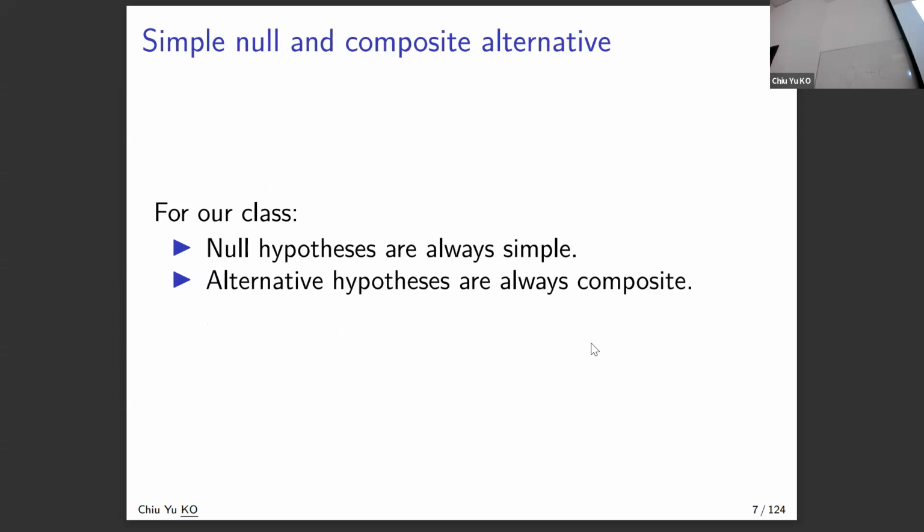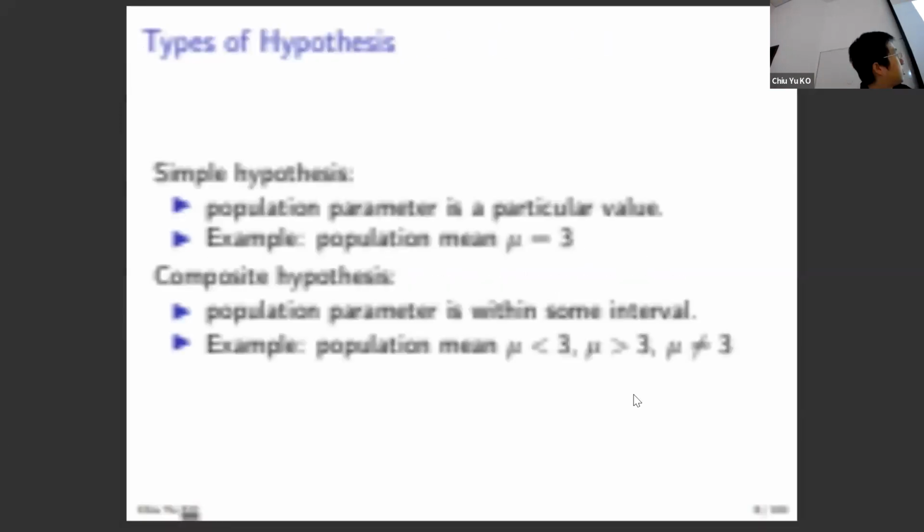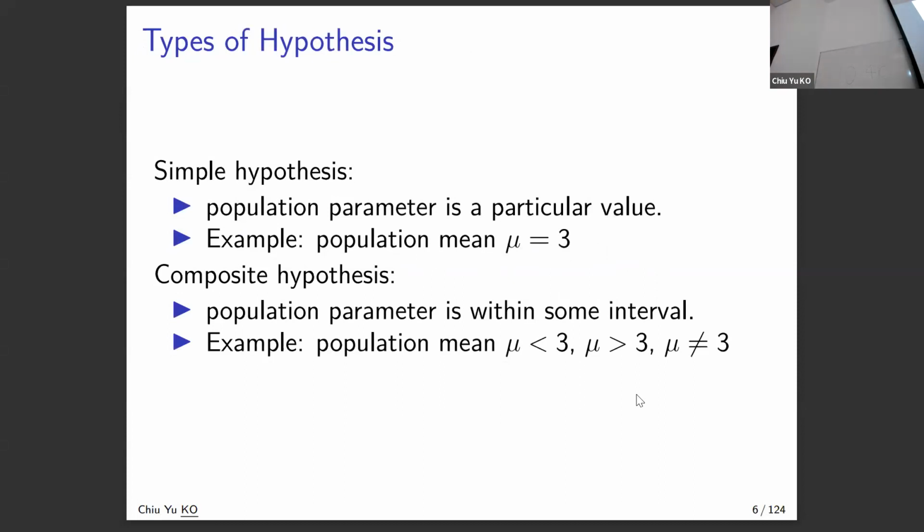So this is what it is. We assume our null is always simple, so we say mu is equal to some number. In this case, mu is 250. And the alternative, what we focus on, is one of three: less than, more than, not equal to.